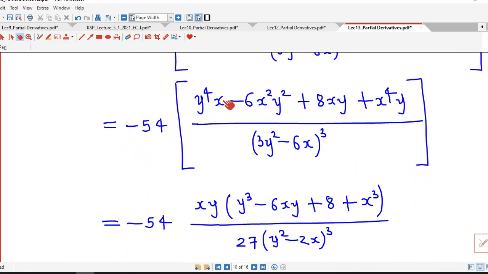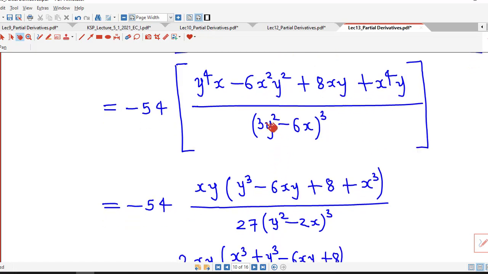Now again here x into y is taken common from each term, so we have y cube minus 6xy plus 8 plus x cube, and in the denominator we take 3 common. In the bracket, if we take 3 common, we have 3 times (y square minus 2x) whole cube.